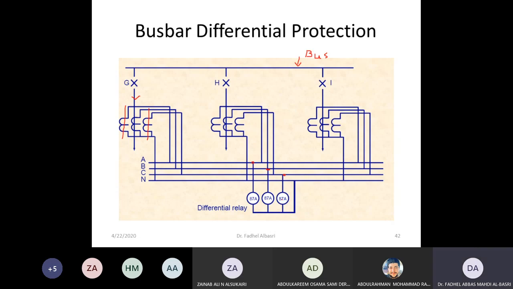As a result, this is also a sort of differential protection of the bus bar. As you can see here, we don't have to have ratio corrections or phase shift issues because of the CTs. You will choose this CT to match this current, this CT to match that current, this CT to match this current.